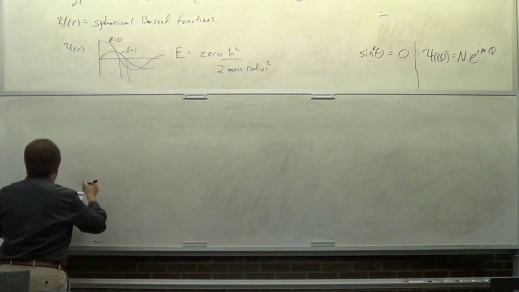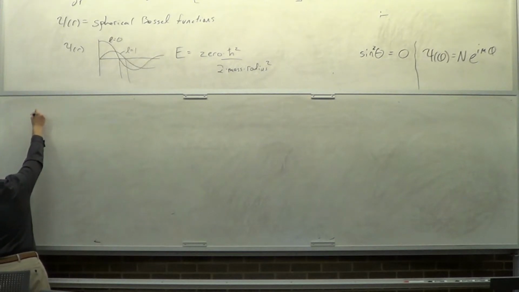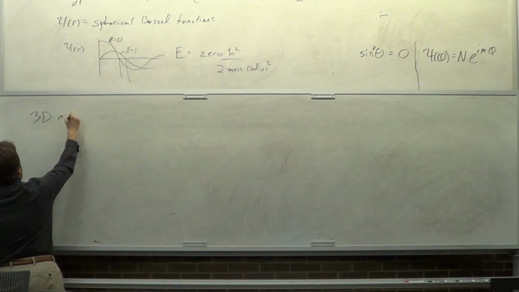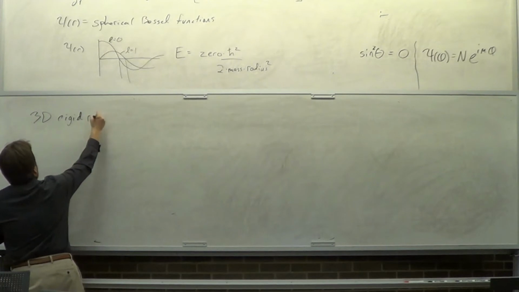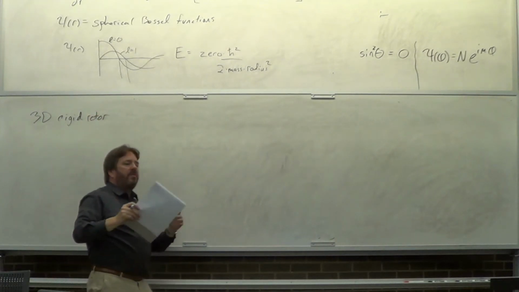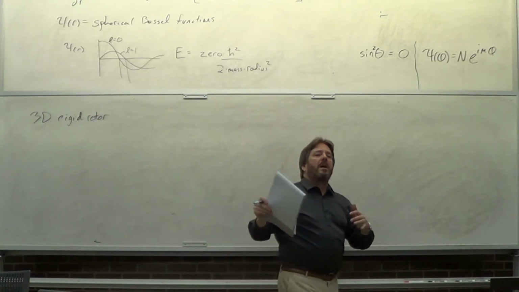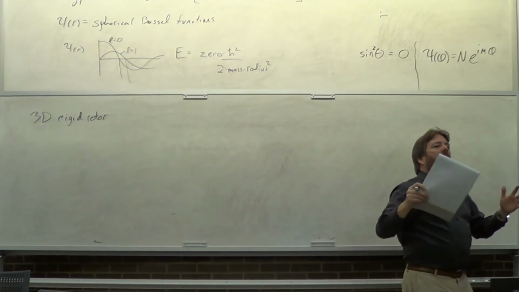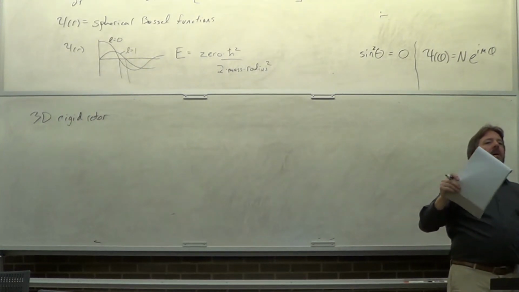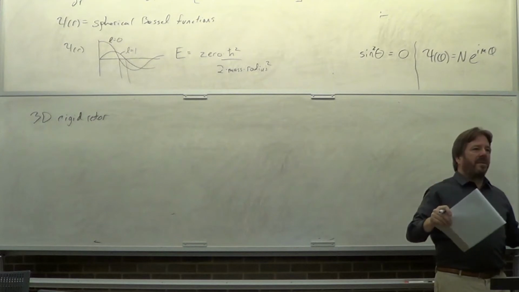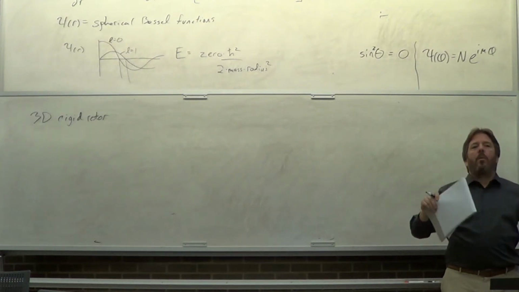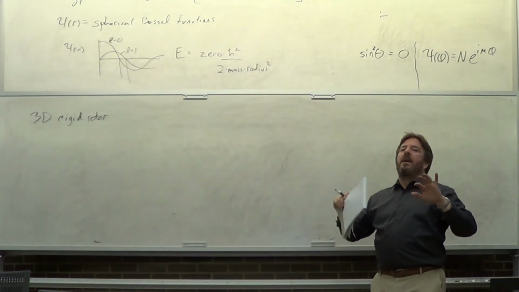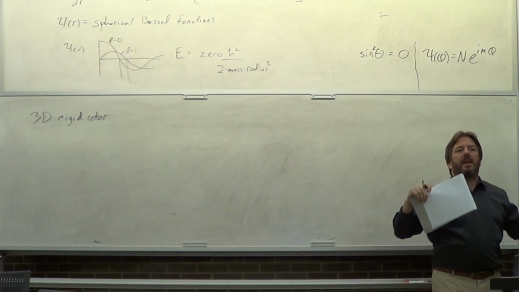Okay, last thing I wanted to go over, so let's go back to the 3D rigid rotor. Whether I'm doing a particle in a 3D sphere, a 3D rigid rotor, or the hydrogen atom, the angle wave functions are the same: the spherical harmonics, what I drew a little while ago with theta and phi.